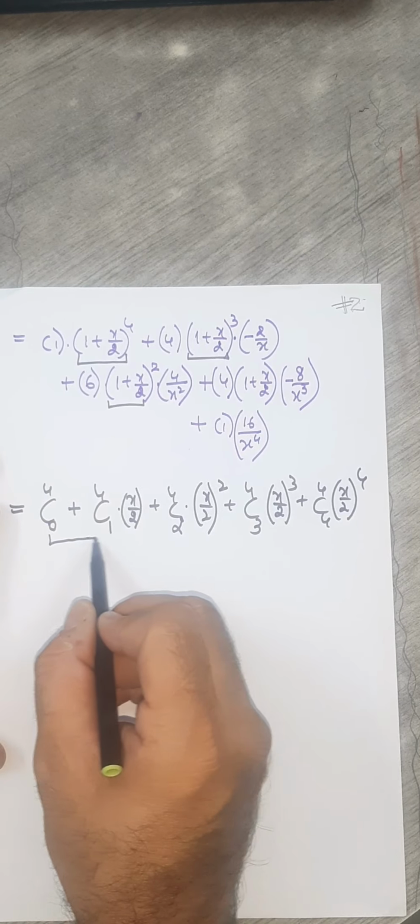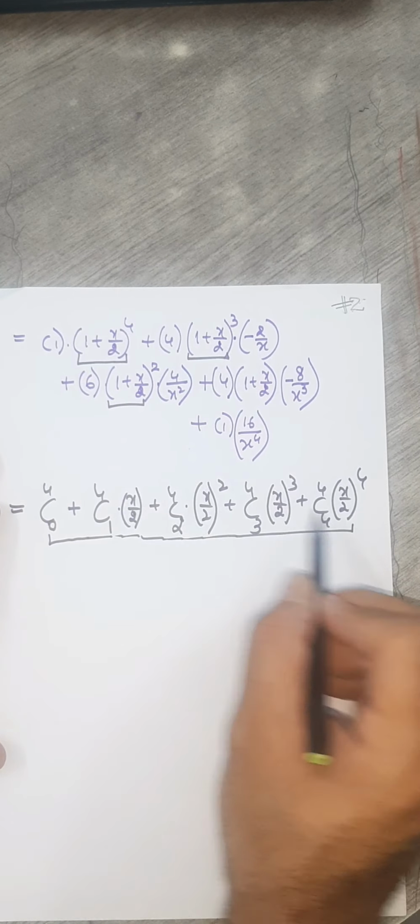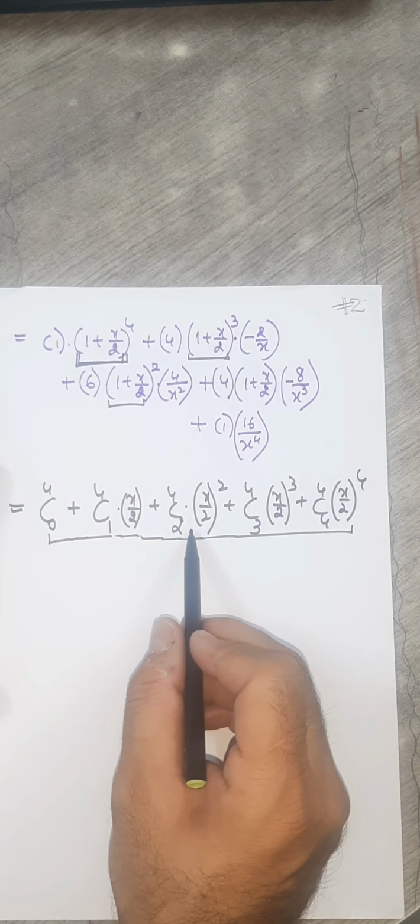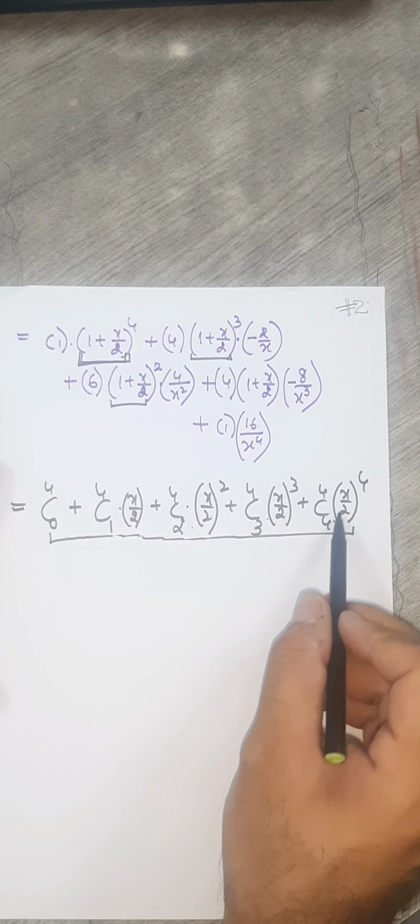This is just from, remember, the first one only: 4c0, 4c1, 4c2, 4c3, 4c4.